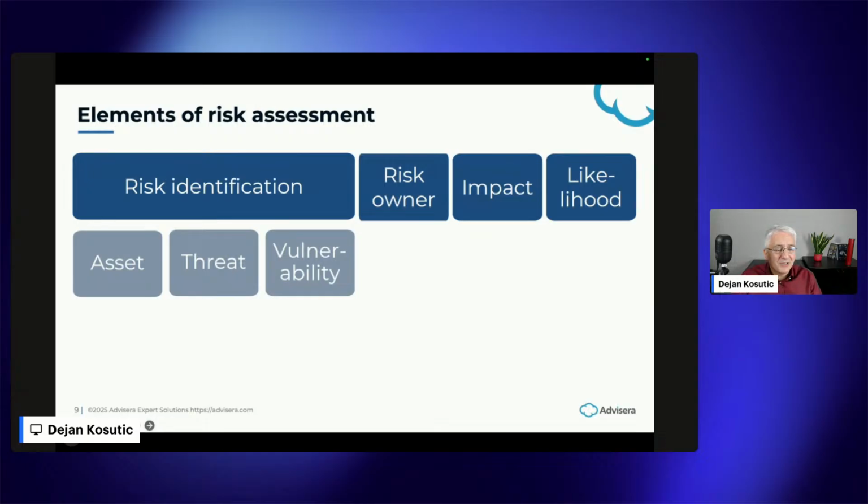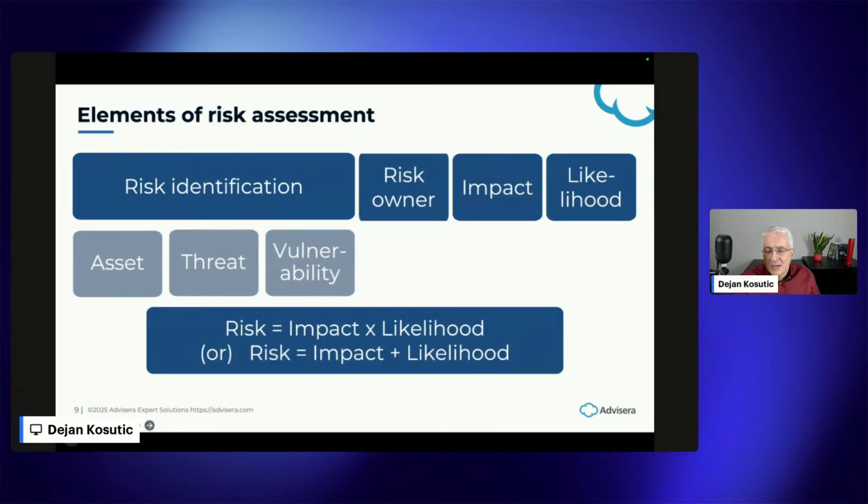This asset-based risk approach is also mandatory if you want to comply with some regulations like NIS2 or DORA. So I would say the safest approach here is to use this mainstream methodology for risk identification. So in the next couple of slides, I'll show you how to list assets and then threats and vulnerabilities.